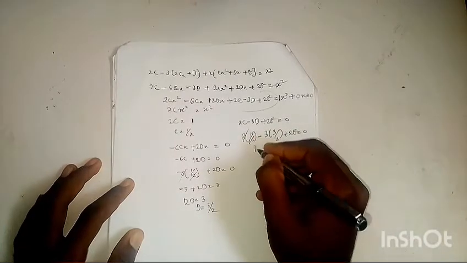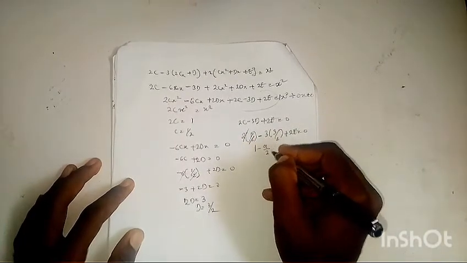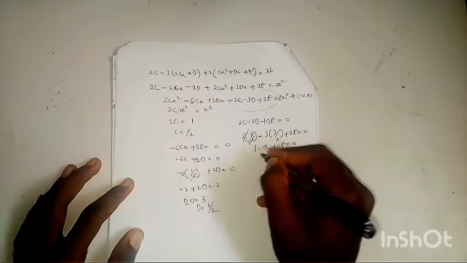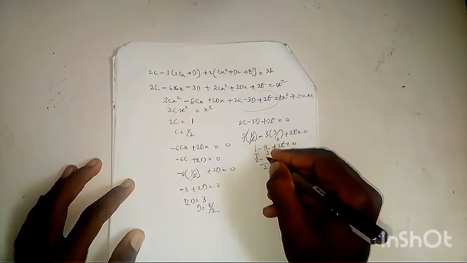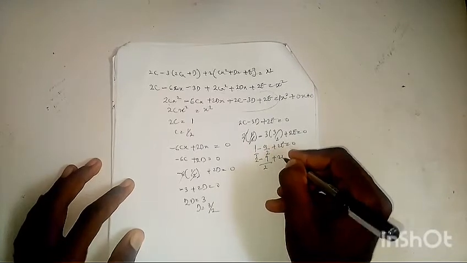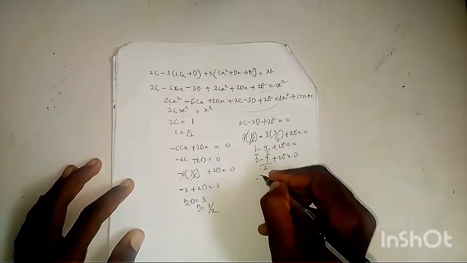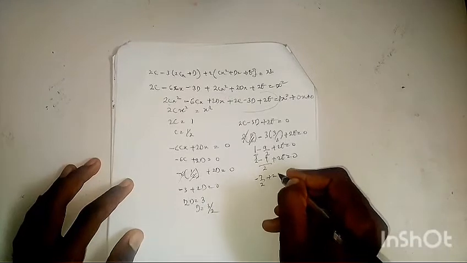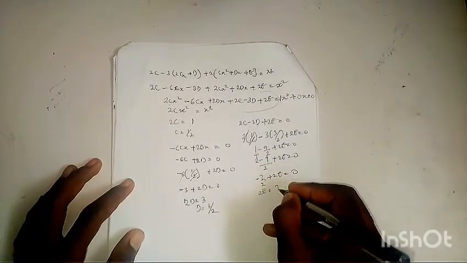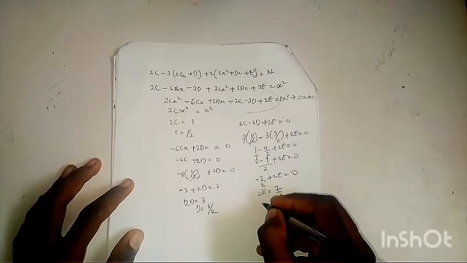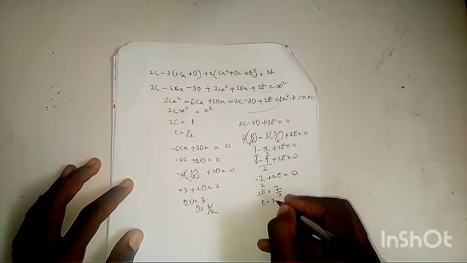This cancels to 1 minus 9 over 2 plus 2e equals 0. This is minus 7 over 2 plus 2e equals 0, giving 2e equal to 7 over 2 and giving e equal to 7 over 4.